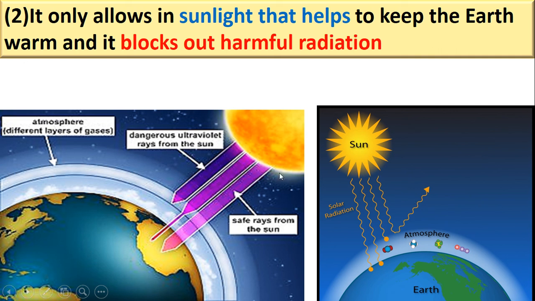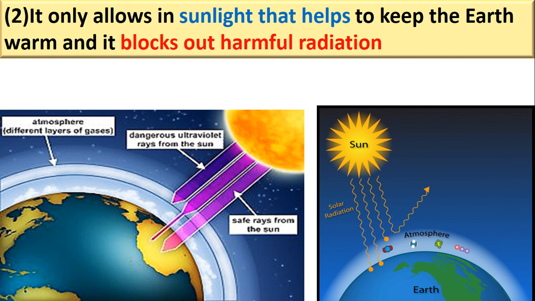Can you see the harmful sunlight? This one. The atmosphere doesn't let it go, but it allows the sunlight that is helping to keep the earth warm. So again, the atmosphere only allows the good sunlight that helps to keep the earth warm, but it blocks out or prevents the harmful radiation.